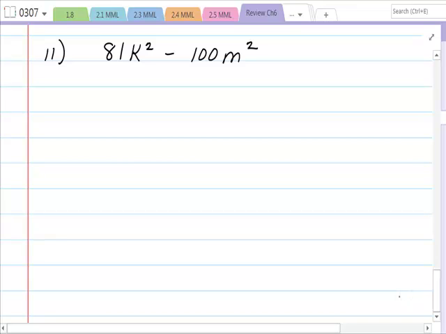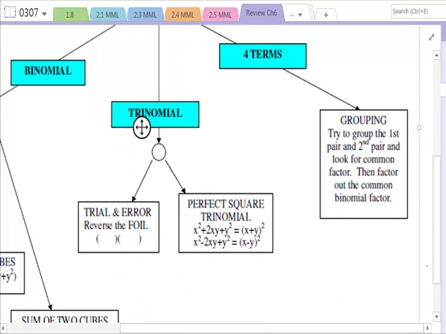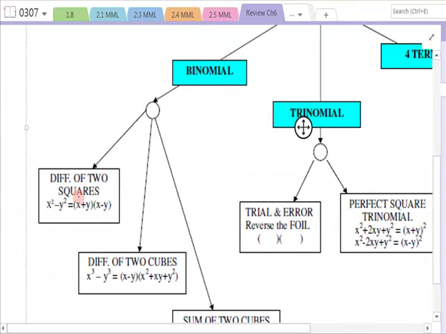All right, is there a common factor? No. Look at the numbers, play with 81 and 100, but no. It's a binomial. What kind of binomial do we know how to factor? We only know one kind. Difference of squares. There it is. When you have a square minus a square, and this is just an example, it factors into the sum and difference product.